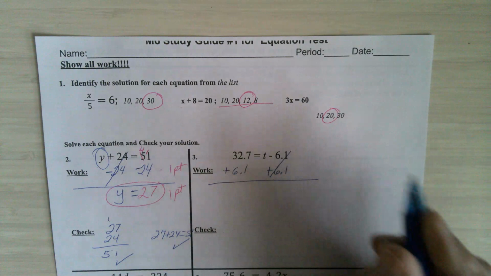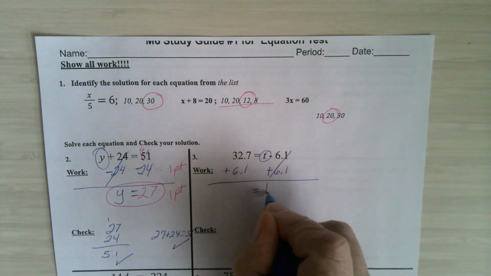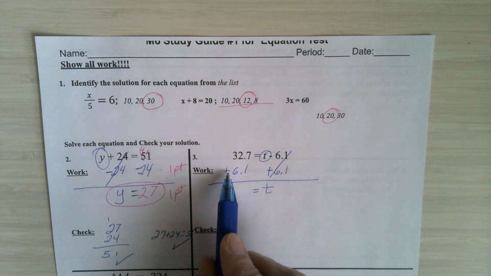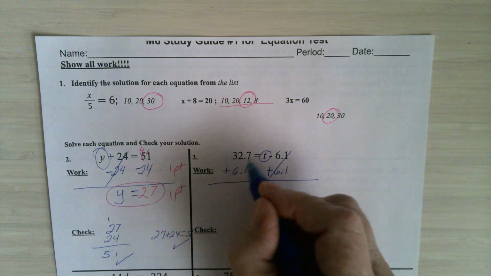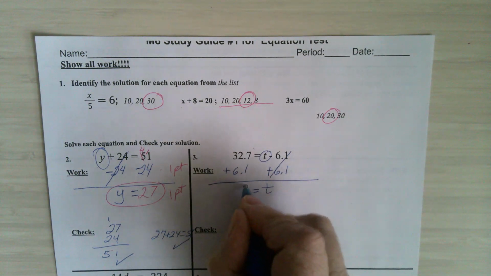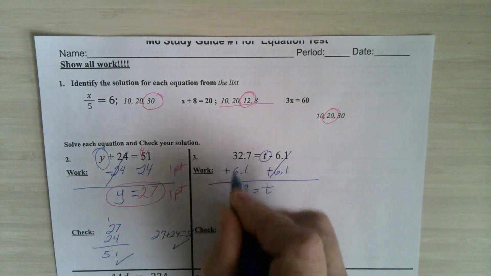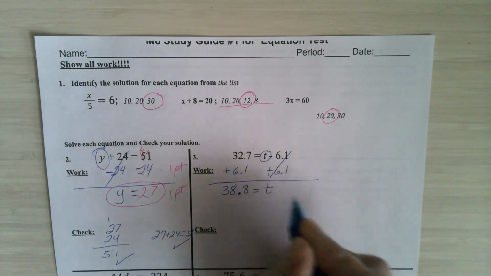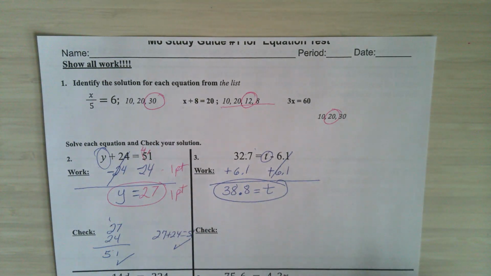That cancels. Put your equal sign down, and now you have t all by itself. What is 32 7/10 plus 6 1/10? 7 plus 1 is 8. Put your decimal point down. 2 plus 6 is 8. And bring down the 3. So you have 38 8/10 equals t.